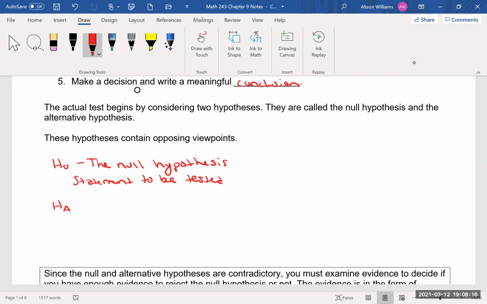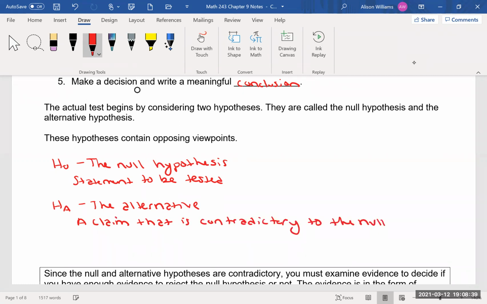This is the alternative hypothesis, and it is a claim that's contradictory to the null hypothesis. And it's also the thing that we're usually trying to find evidence to support.